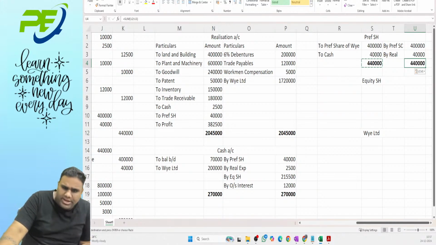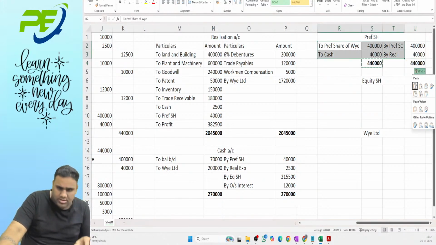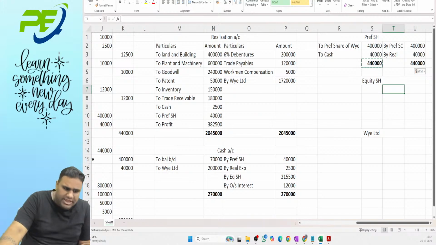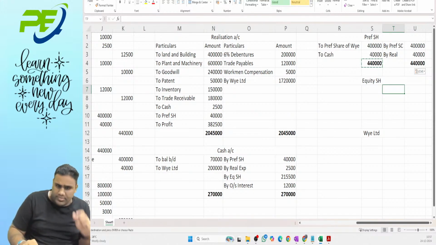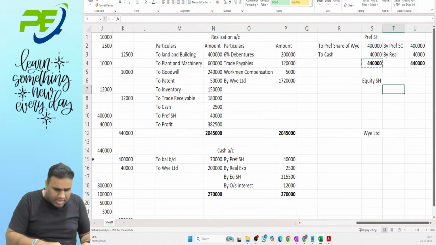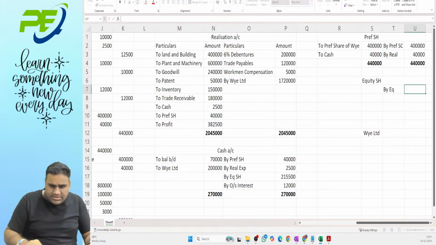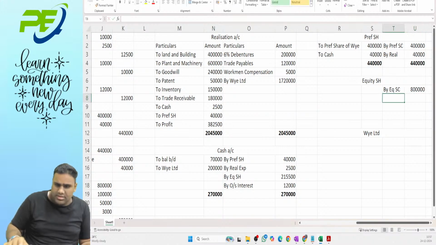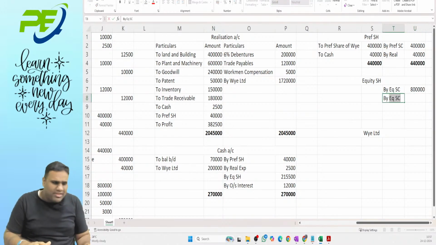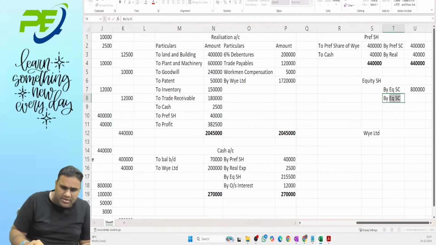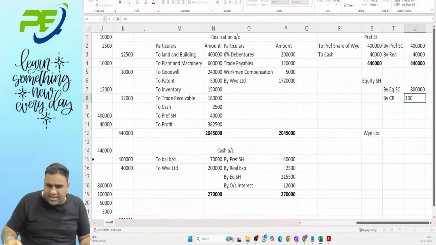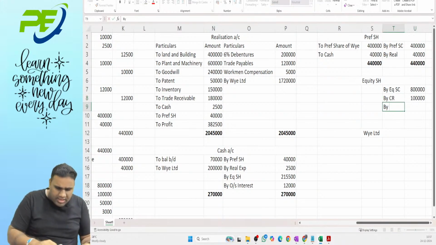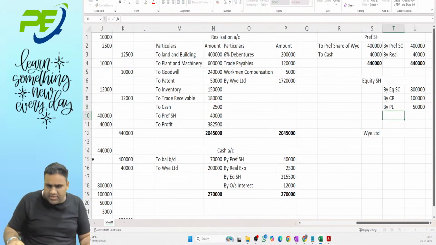Now, equity shares. Come on everyone, equity shares. By equity share capital, 8 lakhs. By reserves and surplus, you cannot write. You have to write by capital reserve 1 lakh. By P&L 50,000. By workmen compensation reserve 3,000.